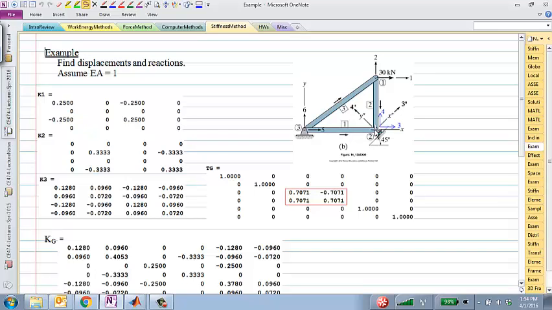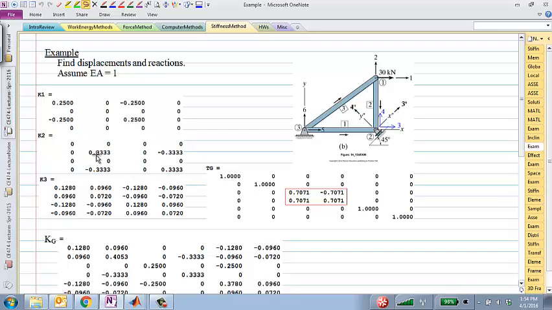That's the first thing we computed. For this particular element one, it would be the same as the global coordinate system because it is oriented in the horizontal direction. For element two, which is in the vertical direction, it will not be the same, but it will be very similar. You look at this K2, this has non-zero entries in 2, 4 rows and columns. This is the element stiffness matrix for element 2 in the global coordinate system.